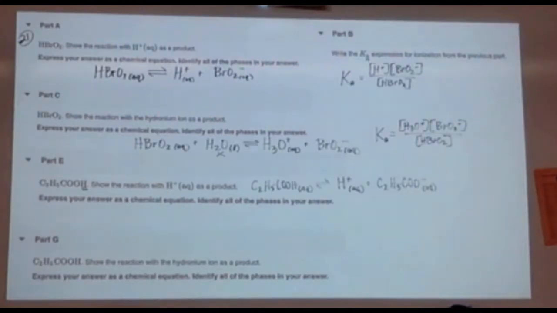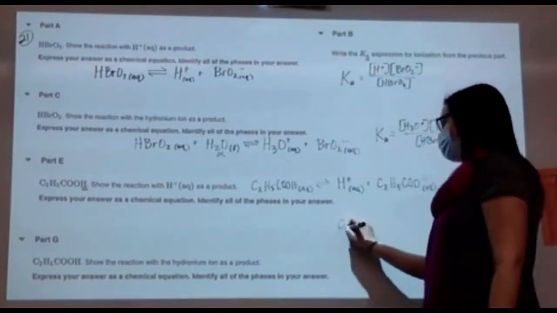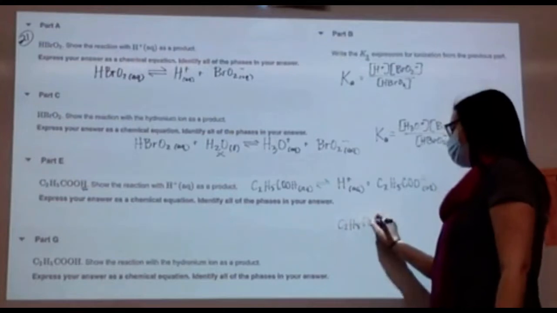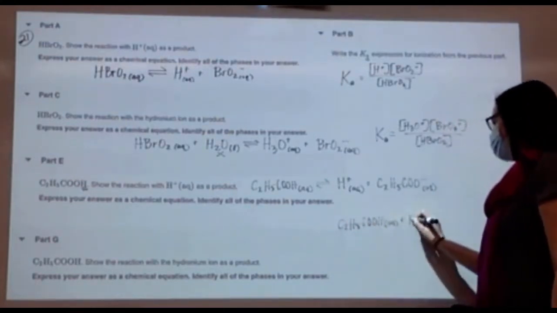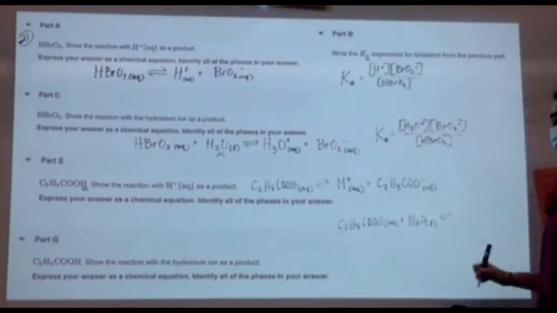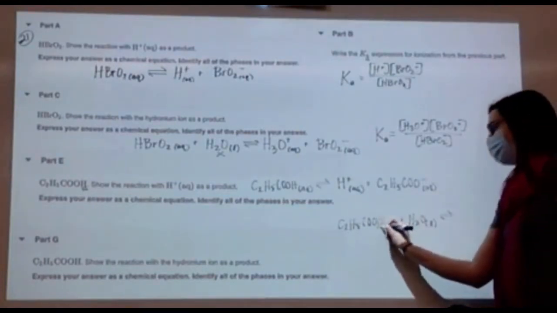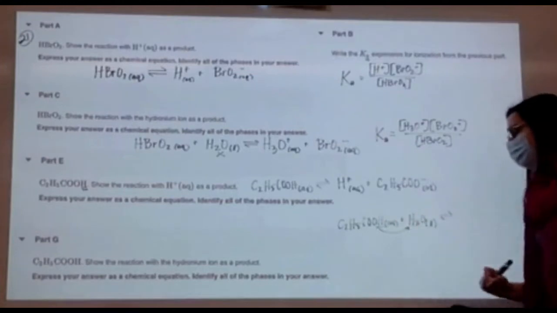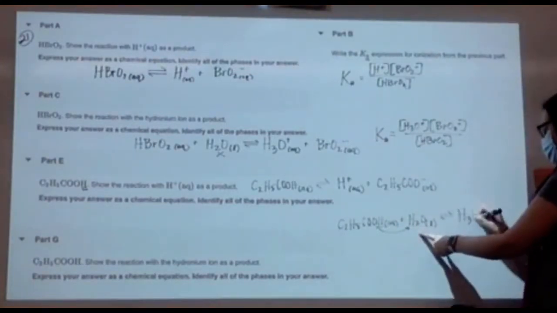And then part G is going to be similar, except we have to include water. So C2H5COOH, acids are always aqueous. Now we're going to show the full ionization, so we're going to show it with H2O. So C2H5COOH is going to donate its proton to water. Water is going to become H3O plus.